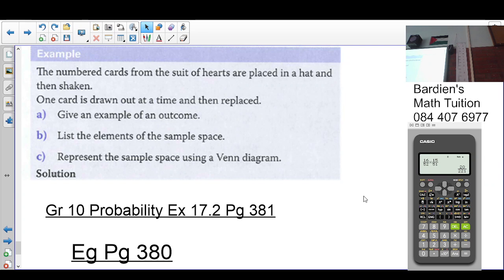Again, as I said at the beginning of the lesson, if they want you to calculate your ace as a picture card, they will say. Or if they want you to exclude it from the picture set, they would say. Next year we're going to use a different textbook and they exclude ace from the picture set. I will just remind you at that time again.